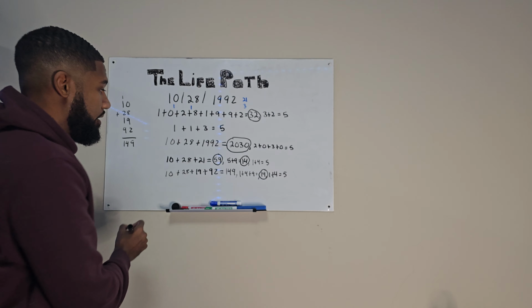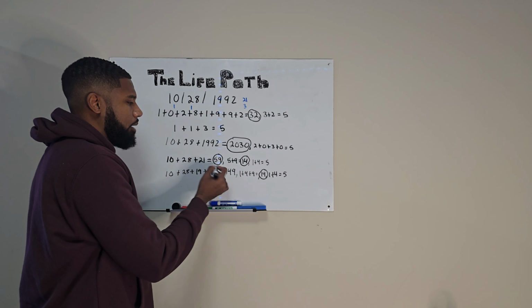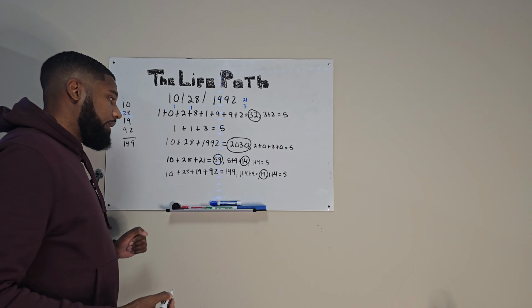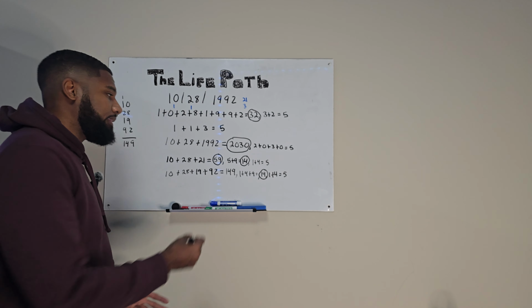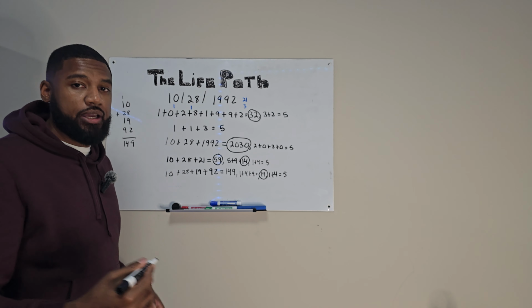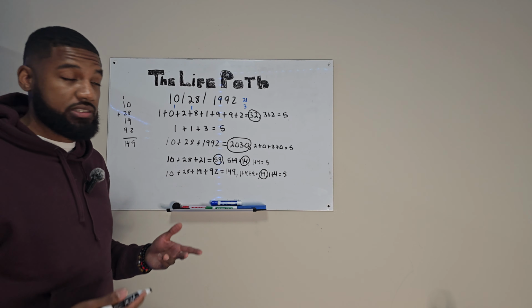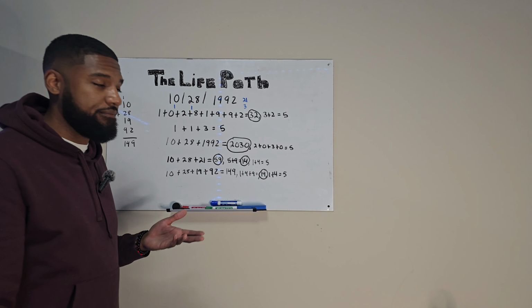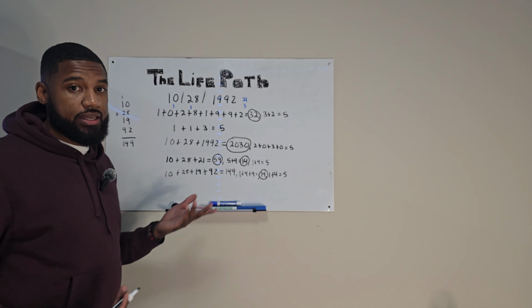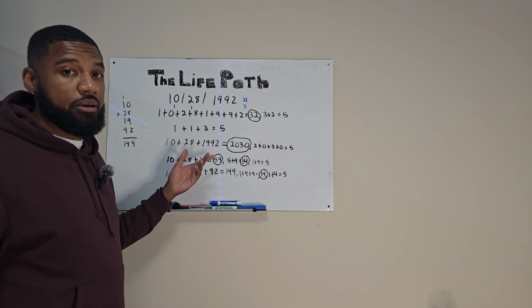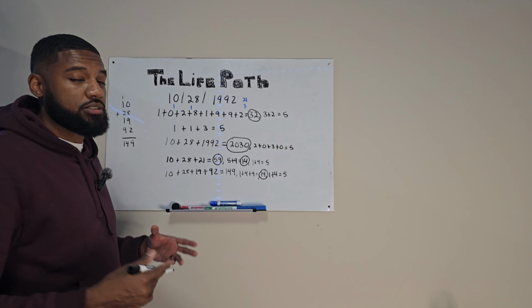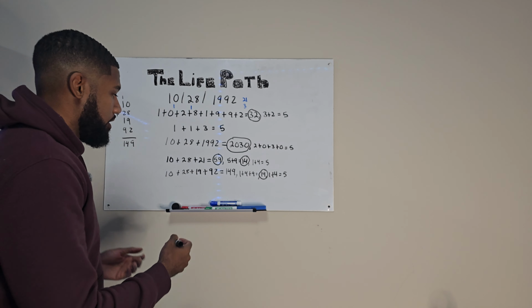Now, when I get down to here, when I use the double digit method, I see that number 59. Again, I would think that the age of 59 may play a part in this person's life, considering that when I'm doing this person's reading, this can be years ahead in the future. And once they get to the age of 59, there might be a big change, a big transit. Something may take place that causes a huge change in this person's life, a huge shift.